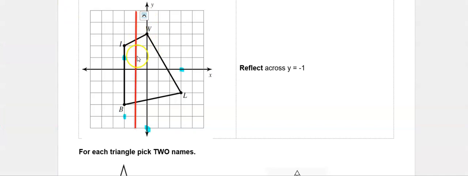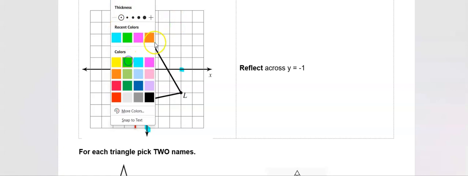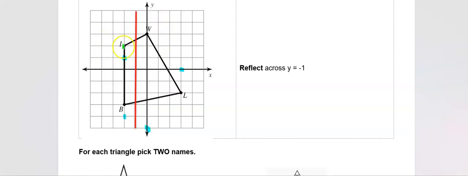Now I just wanted to show you an example. What if this red line now becomes this one? You would count, if the I is over in this direction for 1, then you would count over in the opposite direction. So let me do a different color. I from the red line is over 1, so you would go over 1, and here's I. W, it's over 1, so you would go over 1.